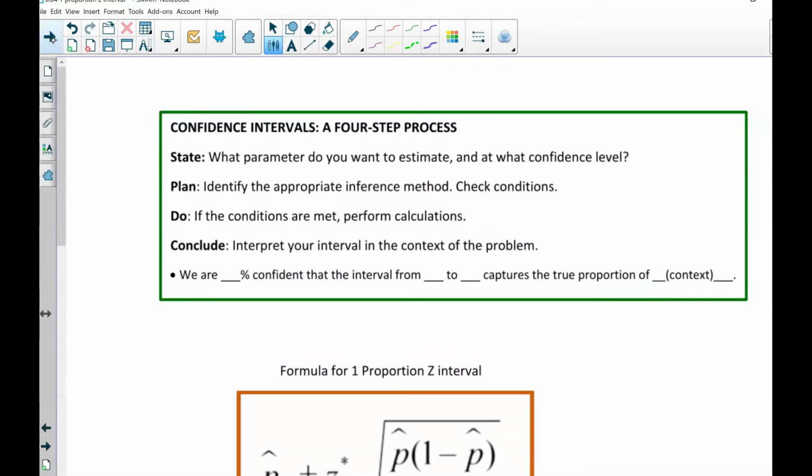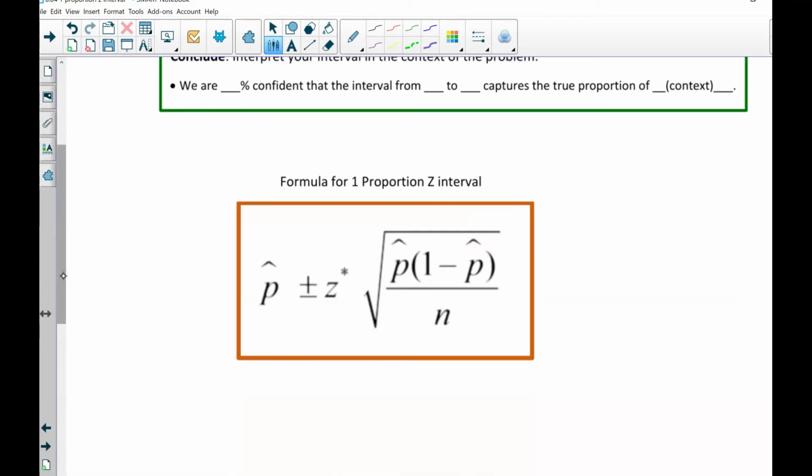So again, there's a four-step process, very similar to the one that you did for the sampling distribution of proportions, just some minor differences. This formula they do give you on your reference sheet. So it's the point estimate plus or minus the critical value times the standard error.